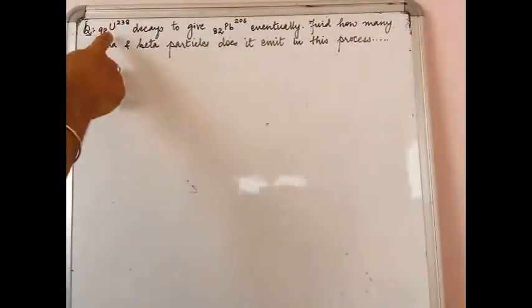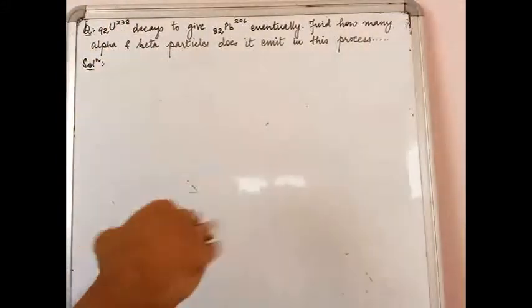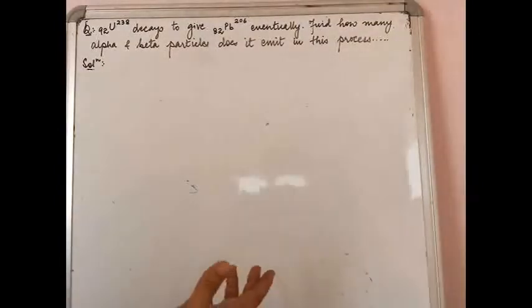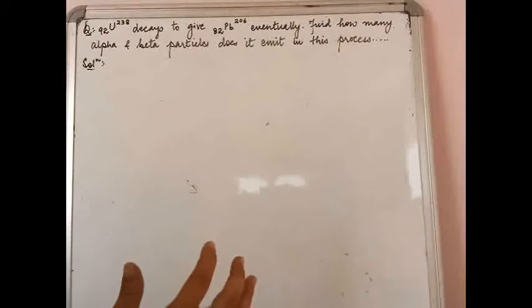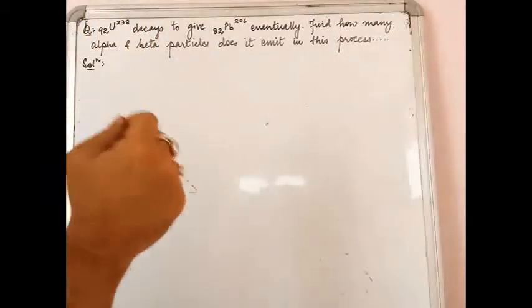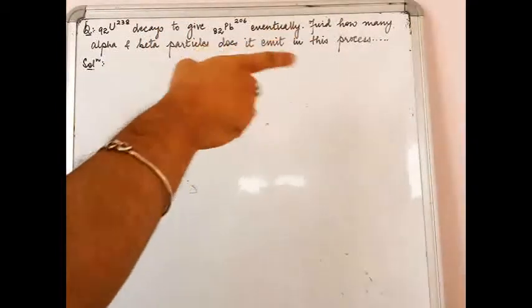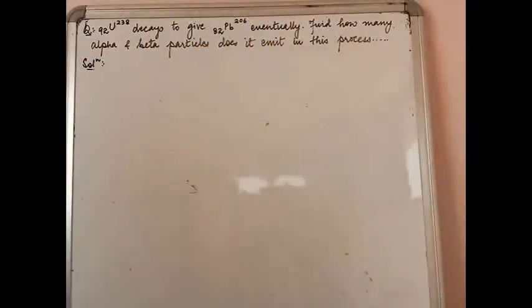What process? 92U238 keeps on giving radioactive emissions, and after some time eventually it turns into a relatively stable element, which is lead, with an atomic number and a mass number given like this. We have to find how many alpha and beta particles it emits in this particular process.